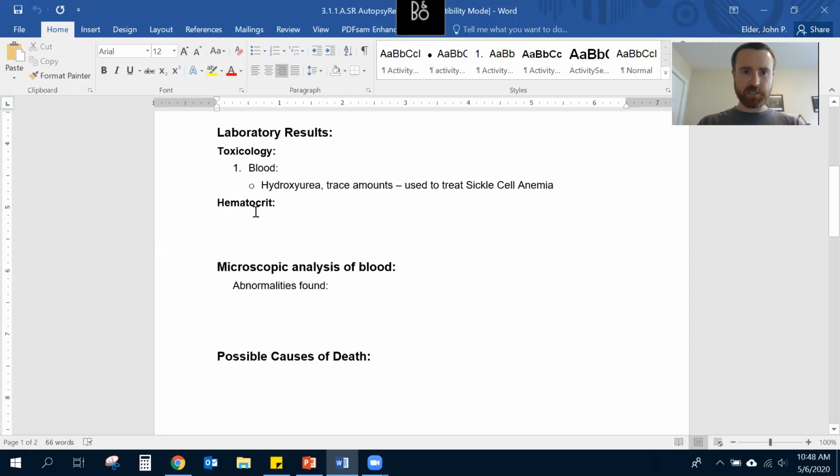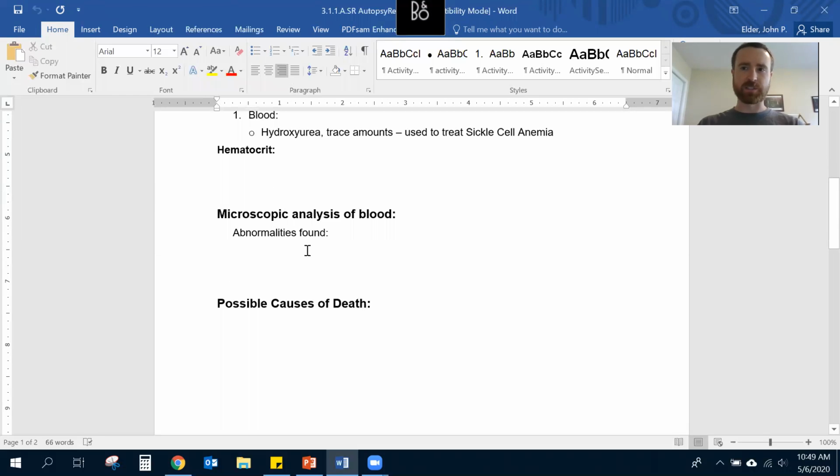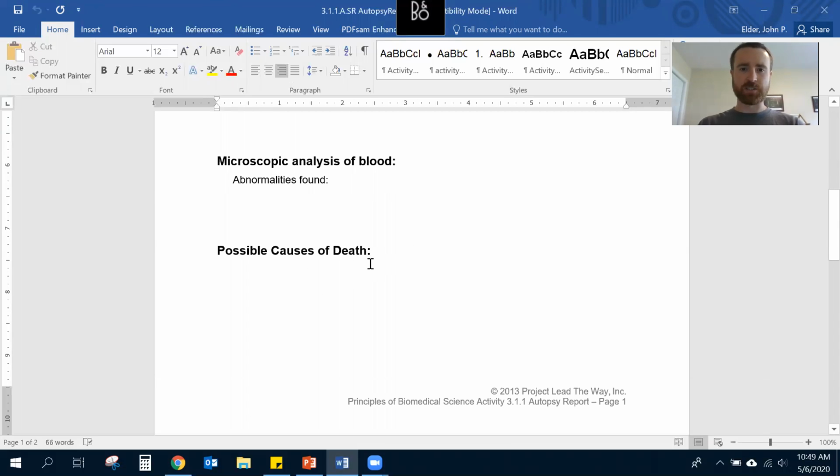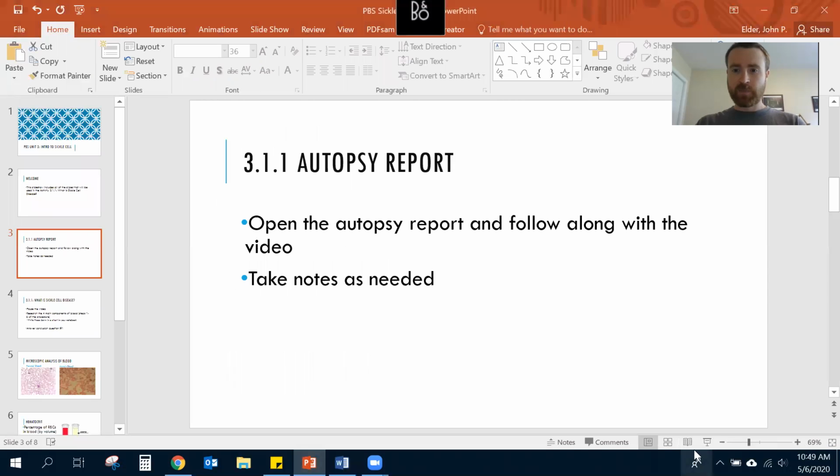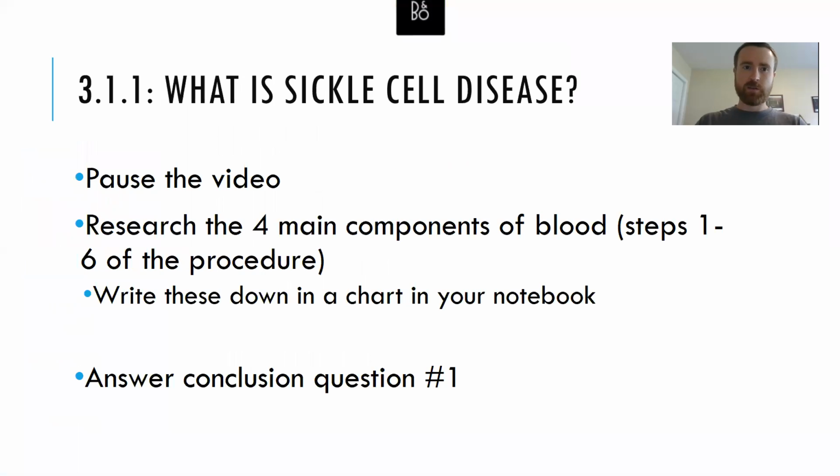Now there are some other things in here that you're going to fill out, either typed or written, depending on which one you'd rather do. You're going to learn about a test called hematocrit, and we're also going to be looking at what's called the microscopic analysis of blood. And then you're going to speculate on possible causes of death. These are going to be causes of death that could affect somebody with sickle cell disease. Now you're going to pause the video in just a moment, and go back over to the procedure in Canvas.